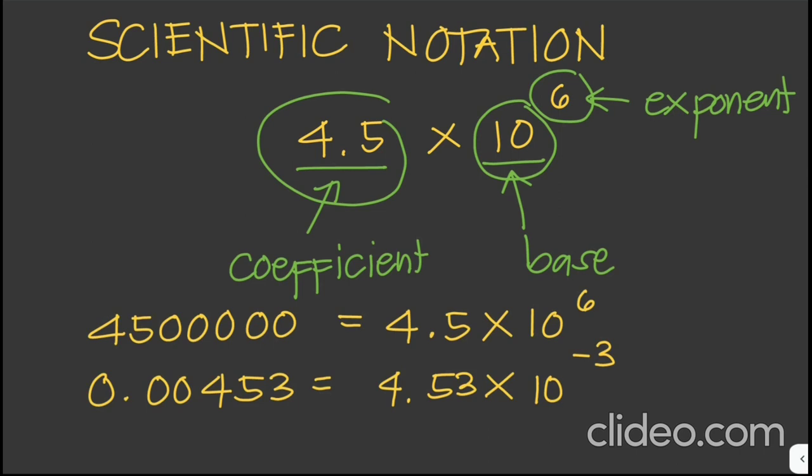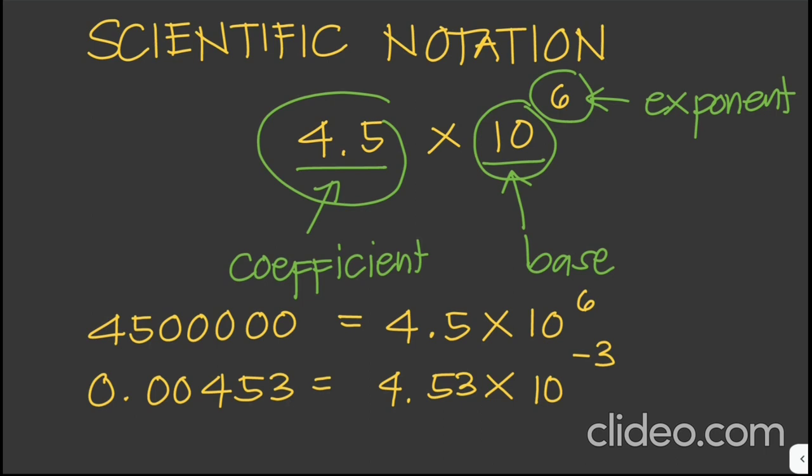Now, how do you write a number in scientific notation? What are the steps in doing so? The first one is we find the original location of the decimal. We determine if the number is positive or negative, and then we move the decimal point until it creates a number between 1 and 10. Then we count how many times we moved the decimal.